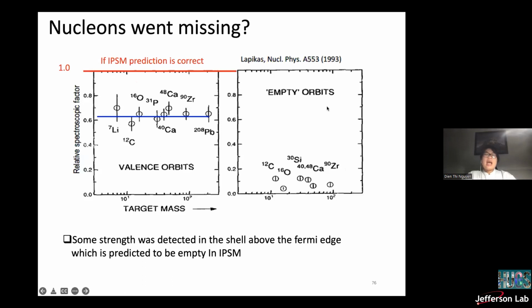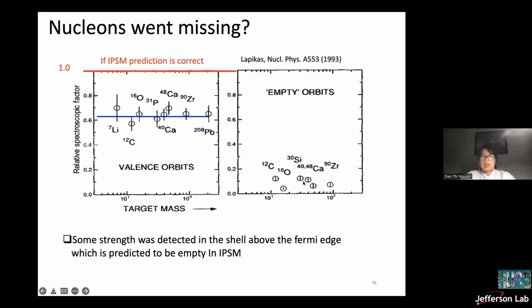Here, another thing we observe is in the area we assume to be an empty shell in the mean field, because we said there is nothing above the Fermi momentum, right? But actually we detect some nucleons at higher momentum compared to the Fermi momentum, where we're supposed to have an empty orbit.